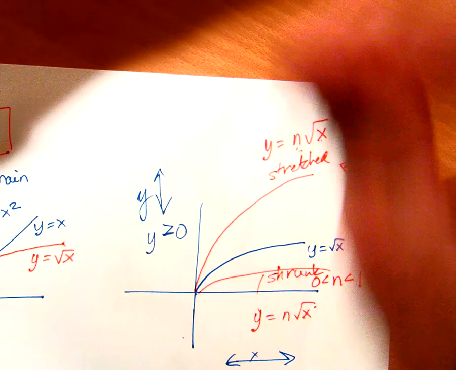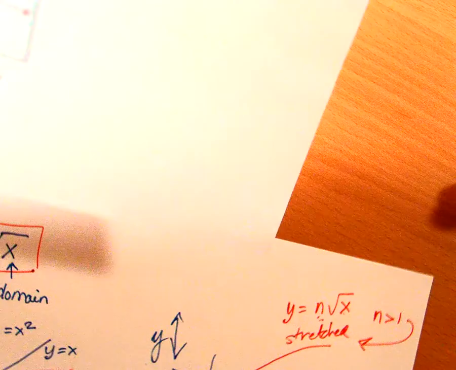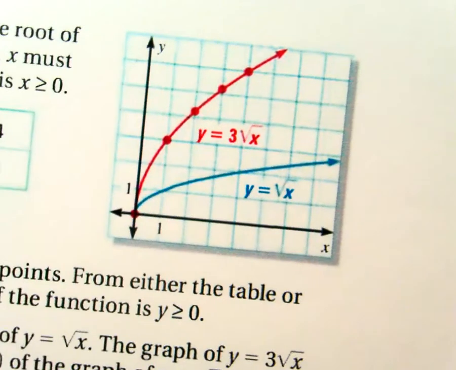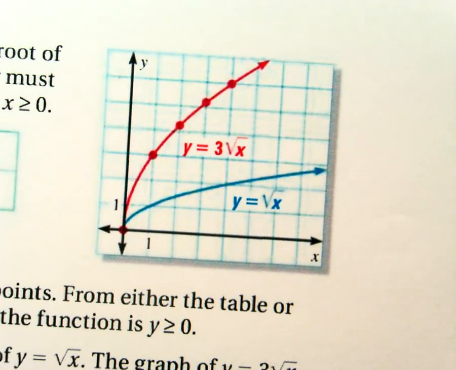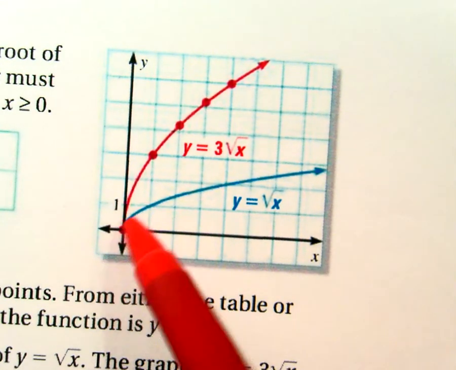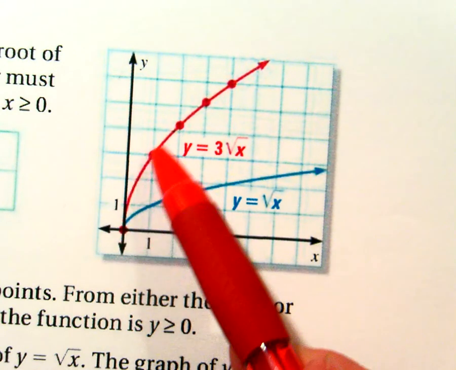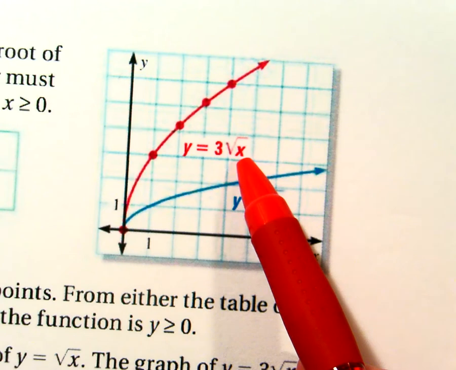So what's this going to look like? Let's look at a few of them and see what happens. Here's the parent function, y equals the square root of x. Notice what happens when we graph 3 times the square root of x.